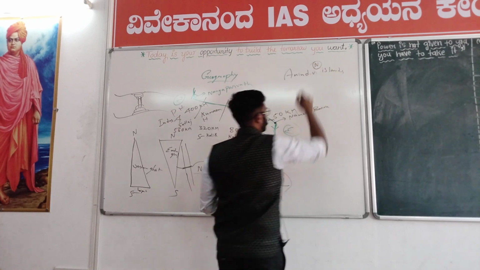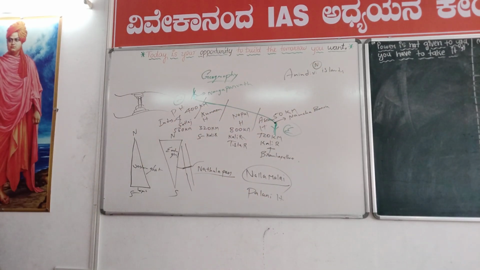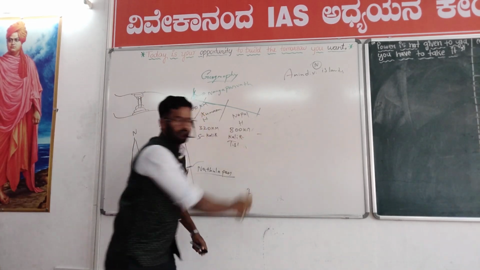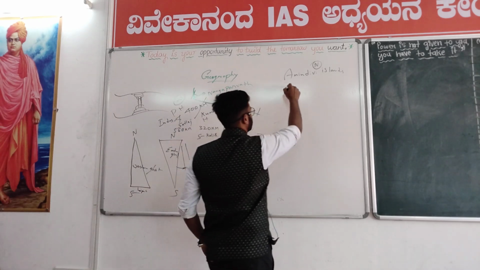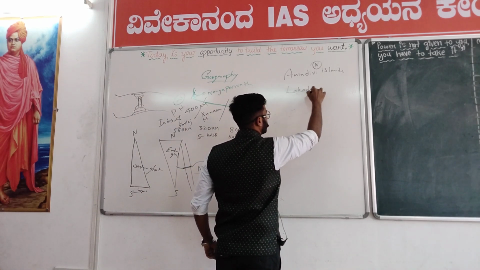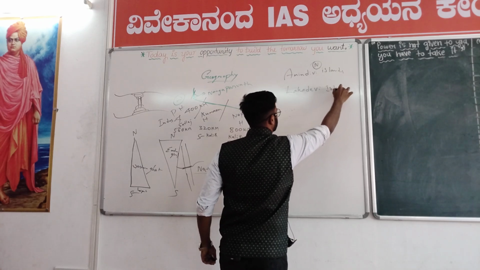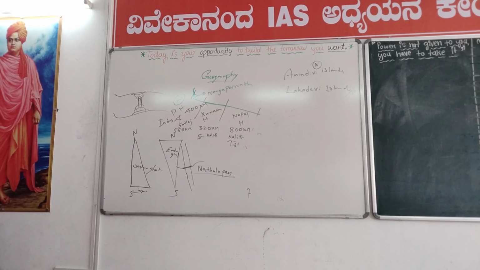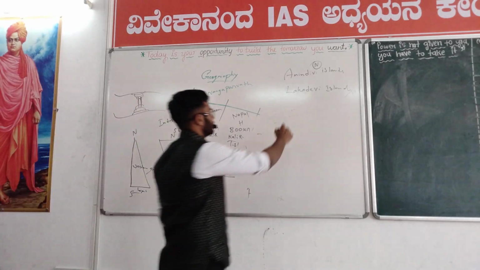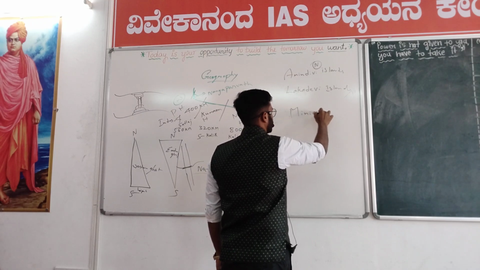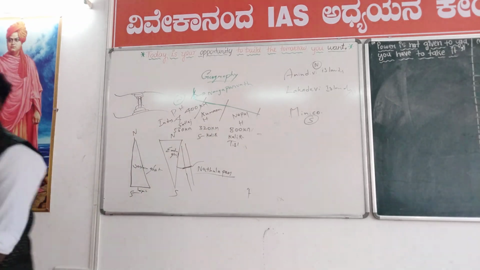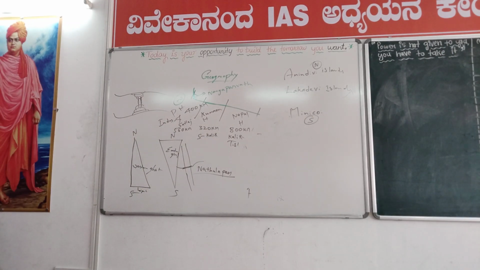After that, Lakadevi Island, and Minicoy in the south. So these 3 groups of islands: Lakadevi in the middle, Amindivi in the north, and Minicoy in the south.